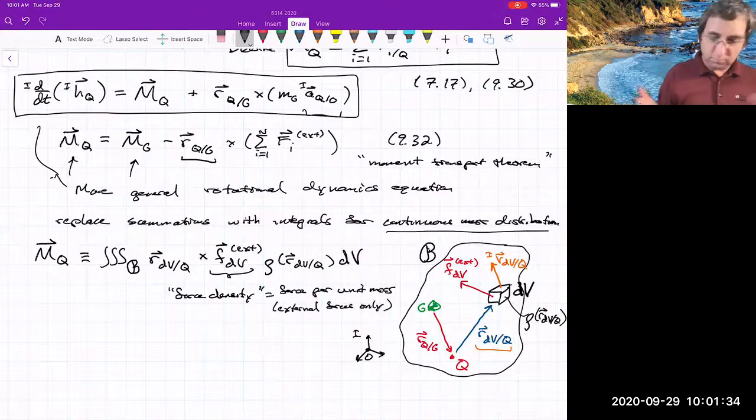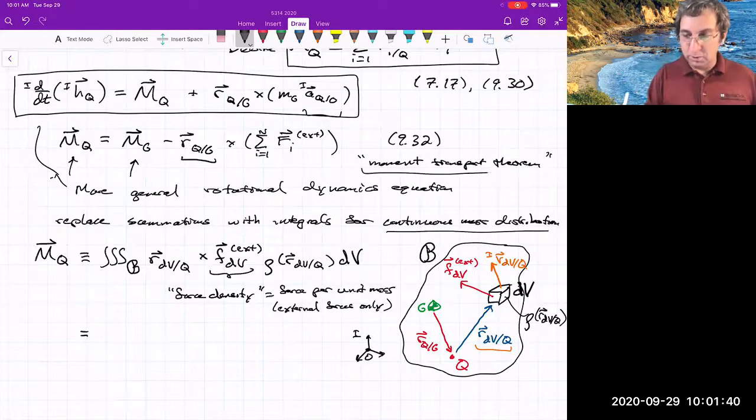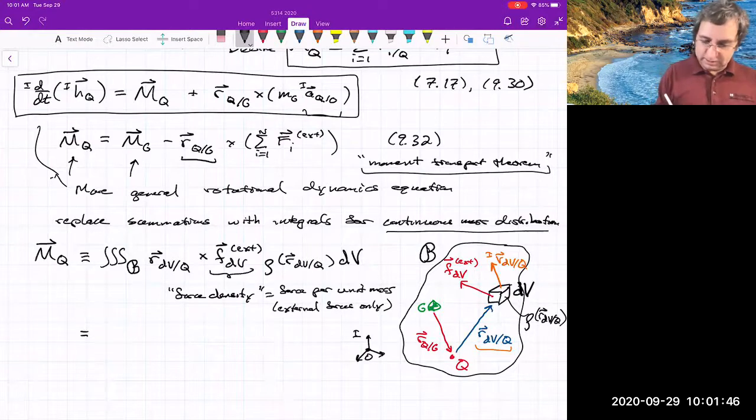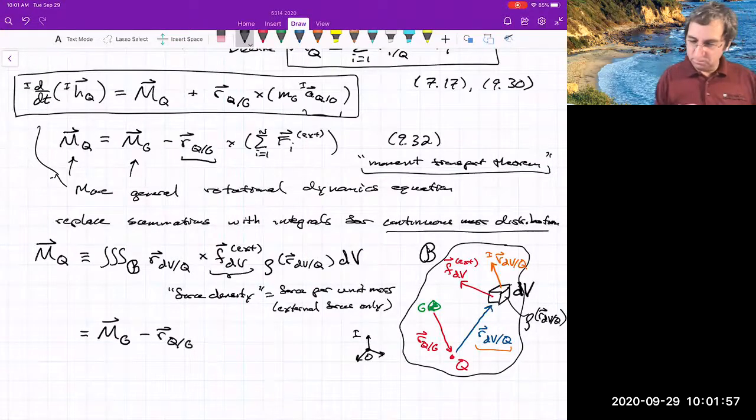And this also equals, due to the moment transport theorem, this thing here closer to the top. This equals, if you were to write the same moment but about the point G, the center of mass, minus R Q G cross the total external force.